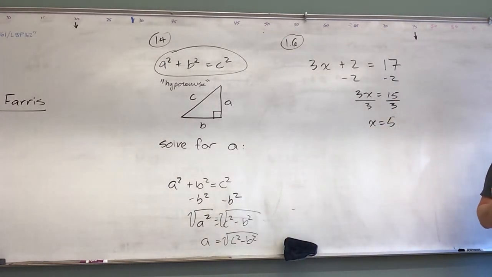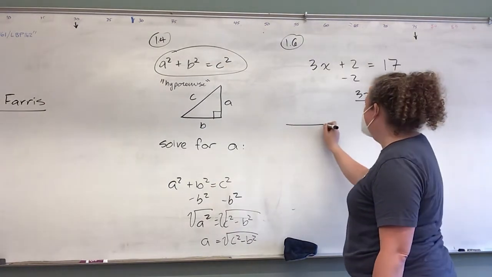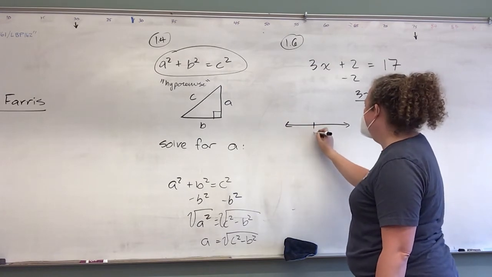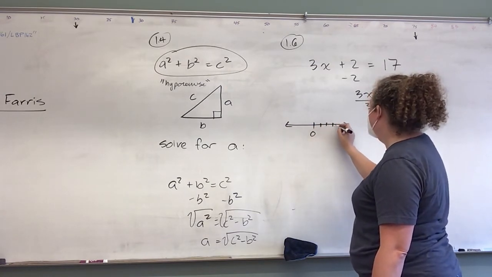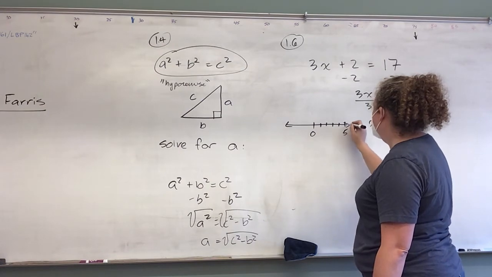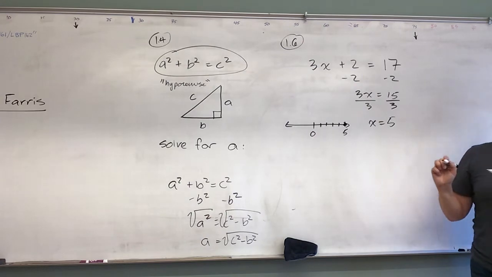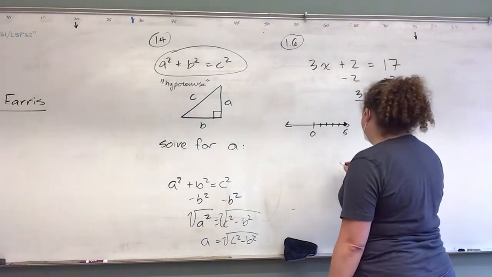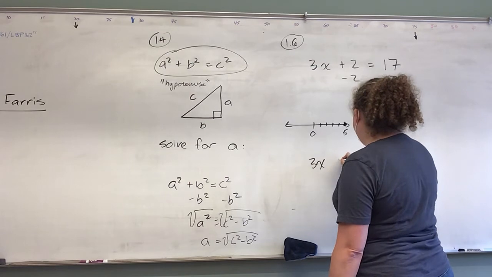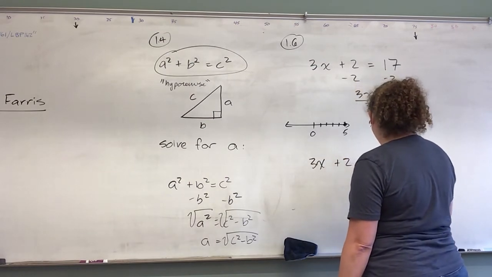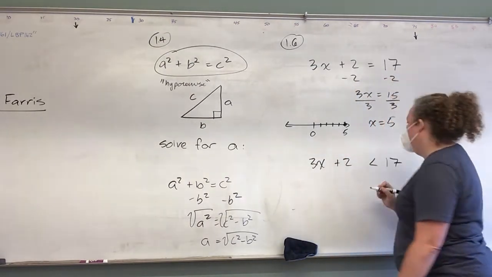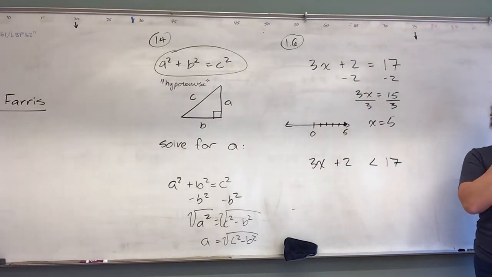Let's say I wanted to graph this, though. Then how would I graph x equals 5? You put x on the coordinate plane, and it's positive over 5. That's right, so you guys did some of this with the number lines yesterday. All right, but let's say instead I had 3x plus 2 is less than 17.